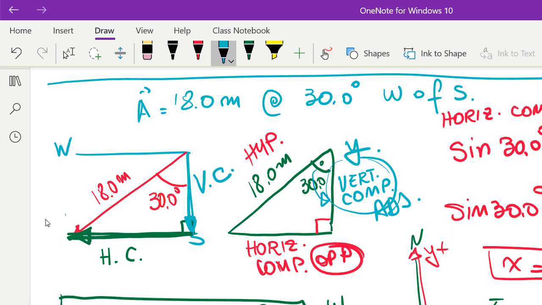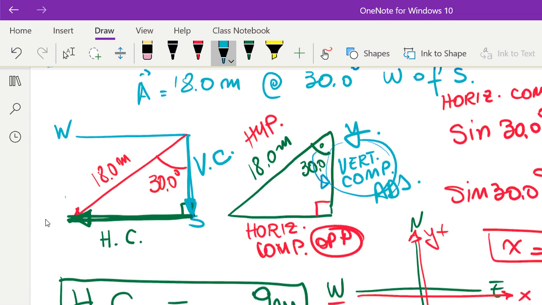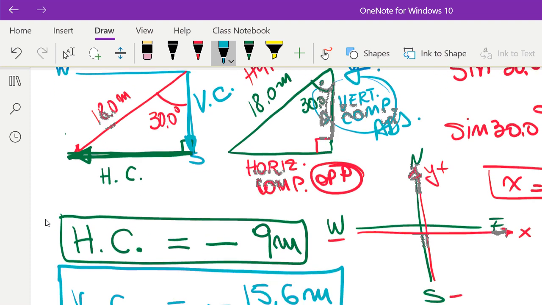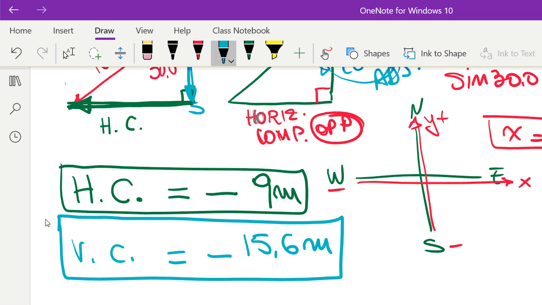But since it's going south, it will be -15.6 meters. So when we are finding the components of a vector, we have to identify the sign even when the sign is a positive one.